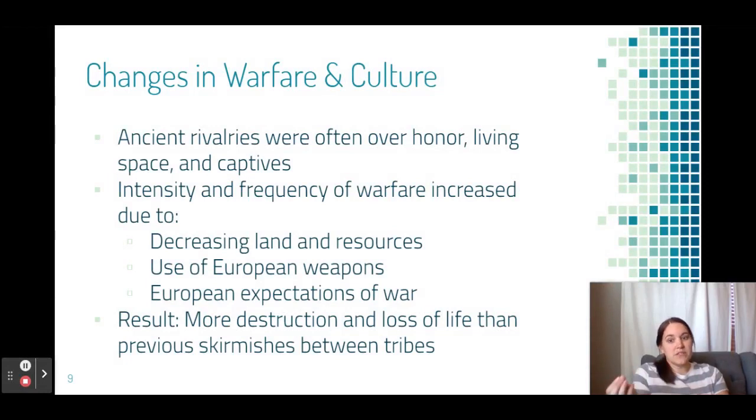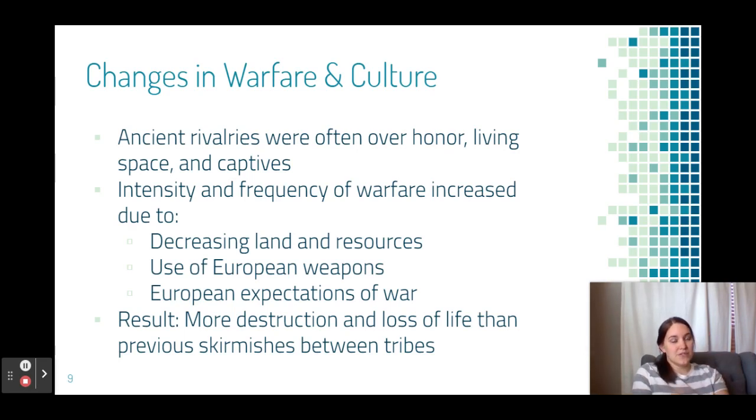Those rivalries were often over honor, living space, and captives, but the intensity of their warfare was really low by European standards. There were low death rates. They could be more called a skirmish versus a massive war like Europeans were used to.